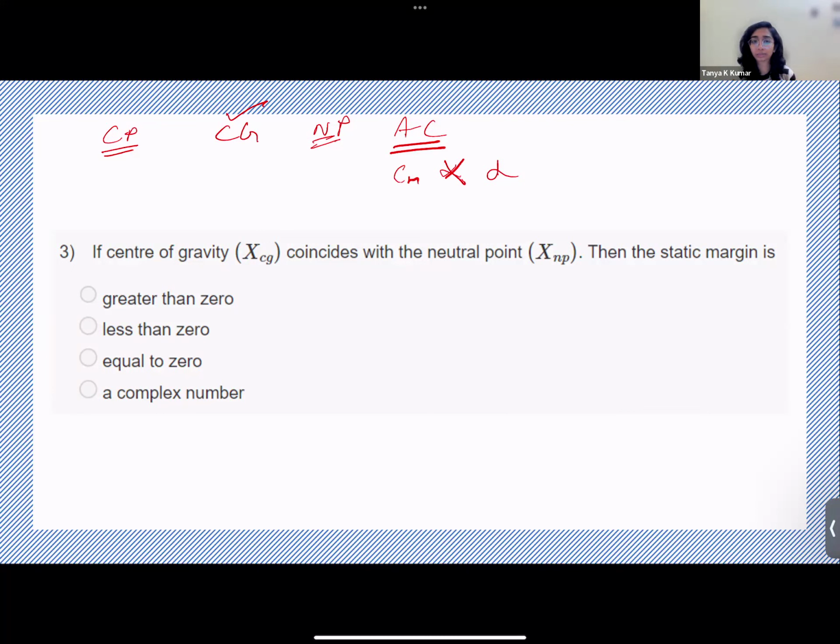What is neutral point? Where Cm alpha is equal to zero.